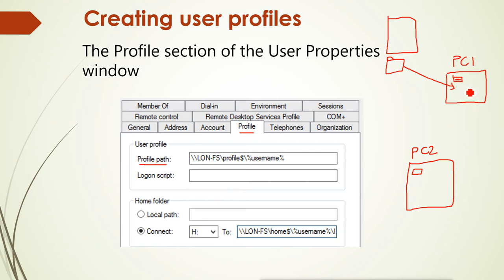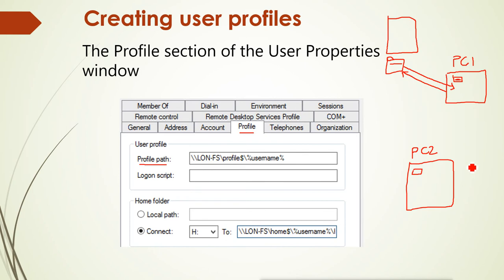Now when the user logs into PC1, the profile will be created under this share folder. Whatever changes the user makes on PC1, when the user logs out, all the changes will be saved in this share folder.